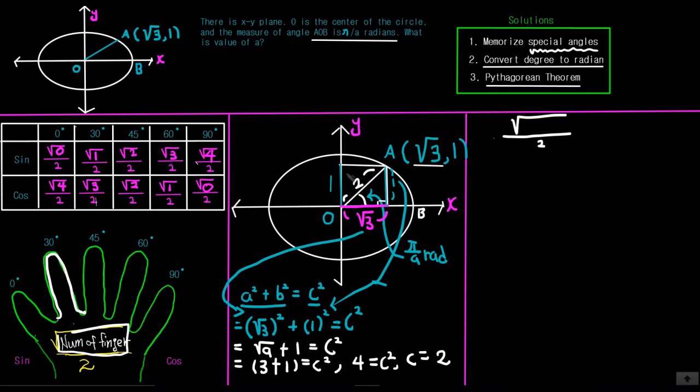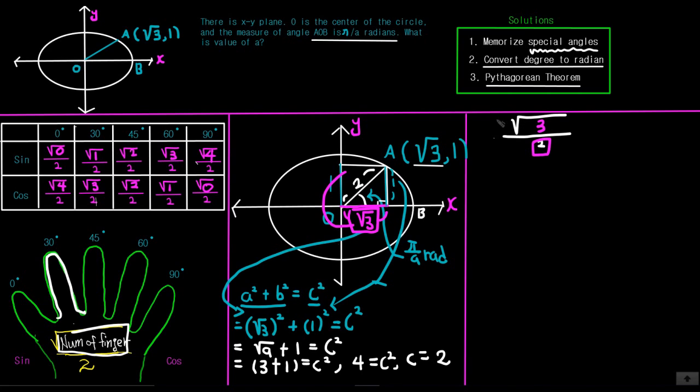And it always starts from the hypotenuse and it goes all the way down. And we will see the initial value of cosine. So it starts from the 2, which is going to be the denominator, which is 2 in this case. And the ending line is going to be the numerator, which is square root of 3.